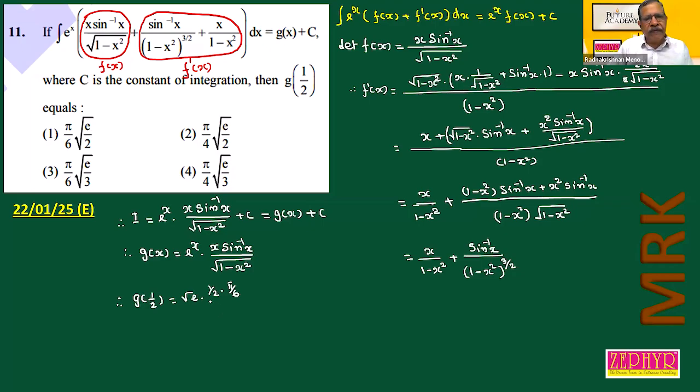Divided by denominator root of 1 minus 1 by 2 square, that is 1 minus 1 by 4, that is root 3 by 2.